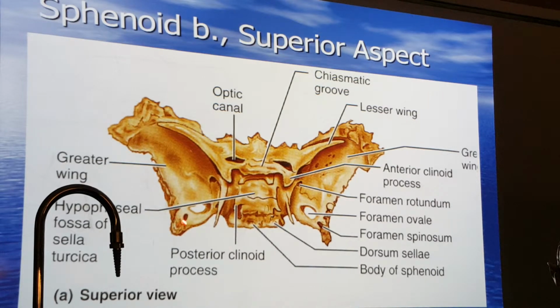And we see the foramen spinosum, the foramen ovale, and the foramen rotundum. The maxillary branch of the trigeminal nerve passes through that, the mandibular branch through that, the middle meningeal artery through that. The reason I tell you those things is so you can see that these holes are all important.